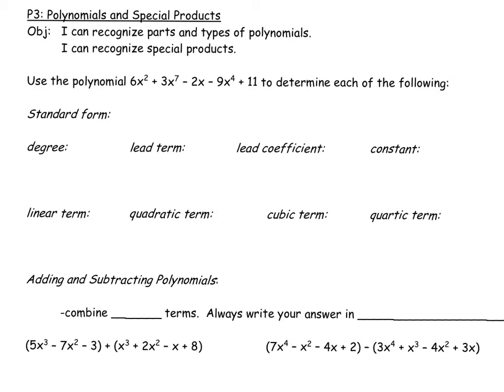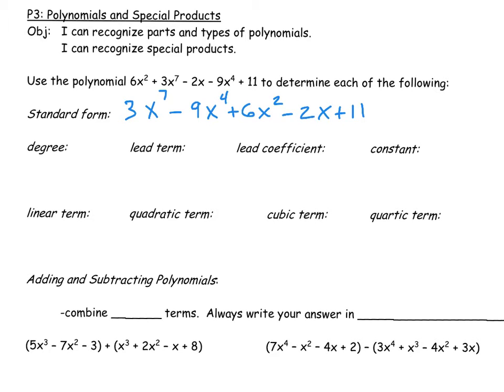Okay, so if I were to switch this to standard form, it should start with 3x to the 7th, minus 9x to the 4th, plus 6x squared, minus 2x plus 11. Okay? That's the order that we would like it in.